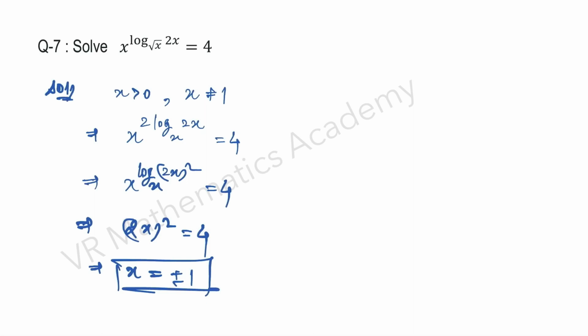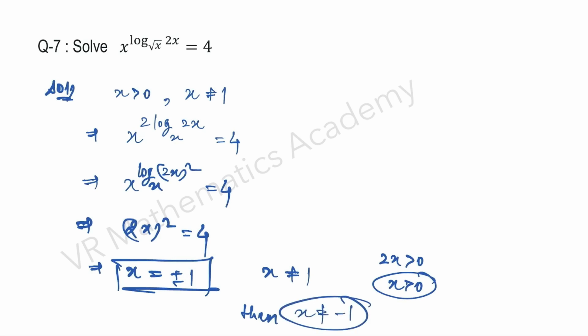When x will be equal to plus minus 1, in the starting we already found that x is not equal to 1. And also, why we are not taking x equal to minus 1? Because 2x should be greater than 0, that is x should be greater than 0. So when x should be greater than 0, then x is also not equal to minus 1.